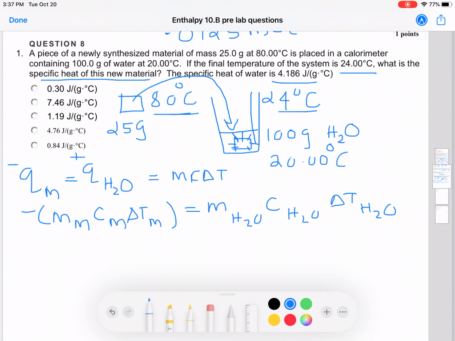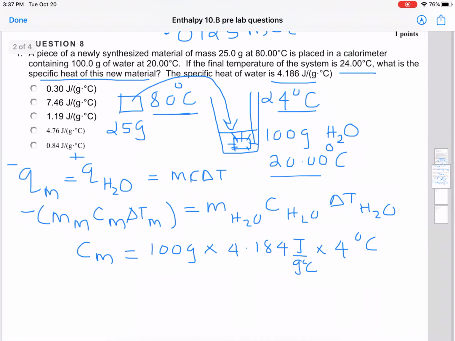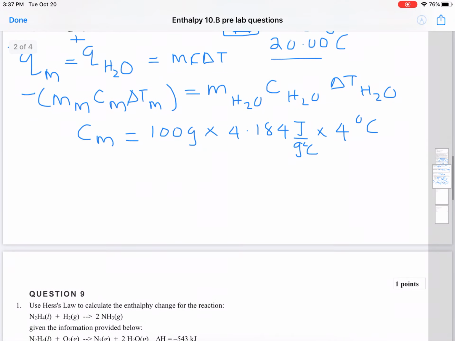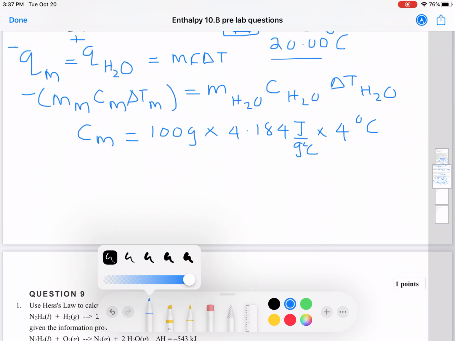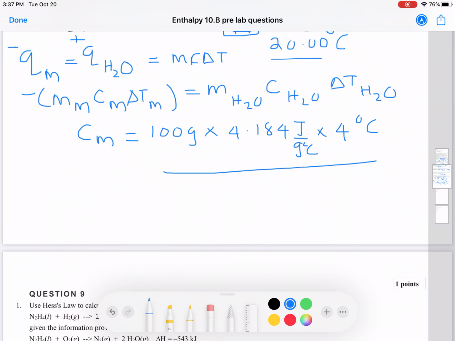So basically the specific heat then, the mass of the water is going to be 100 grams, and then the specific heat 4.184 joules per gram per Celsius, and then the delta T, final temperature 24, initial temperature 20, so the difference is 4 degrees Celsius, and you divide this by negative mass of the metal.